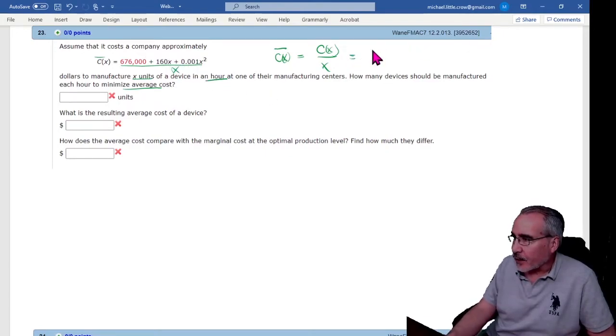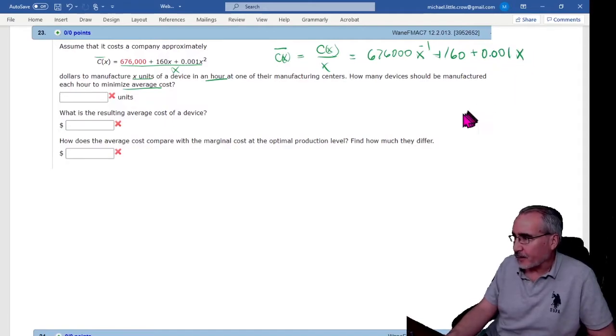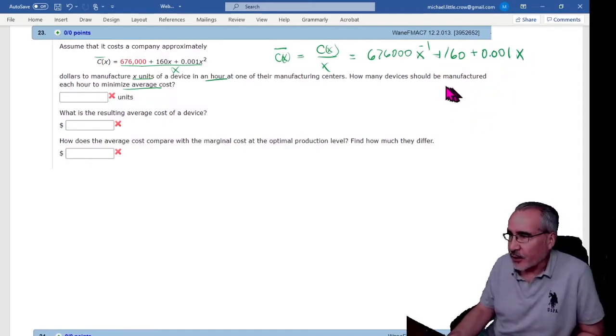So we get 676,000 x to the minus 1, because there's no x there, so we bring it up there. In the middle, the x's cancel, they become a factor of 1, so then we have a plus 160 here in the middle. And then the last one, this x cancels with the x squared, so we've got plus 0.001x. Okay, so that's our average cost function.